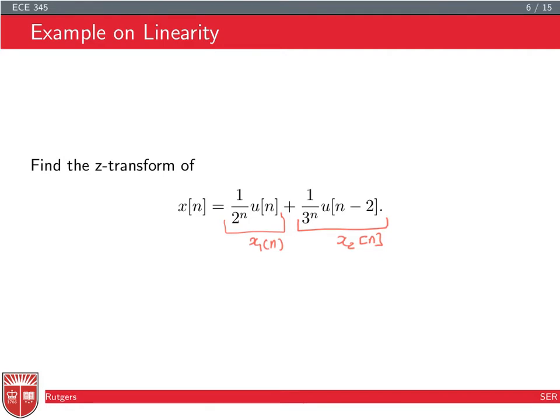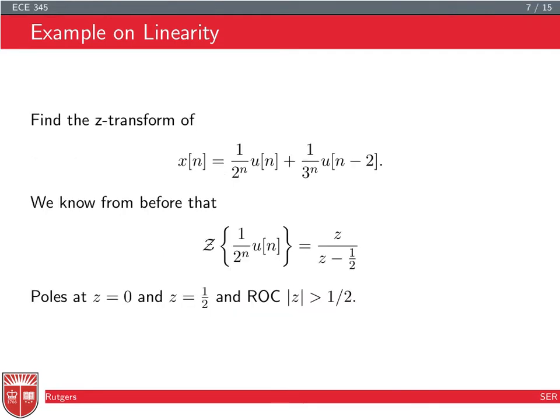This is the method I want to use here. First I find X1 of z, then X2 of z, and then I know that X of z is the sum of X1 of z plus X2 of z. This follows immediately from the linearity of the Z-transform.